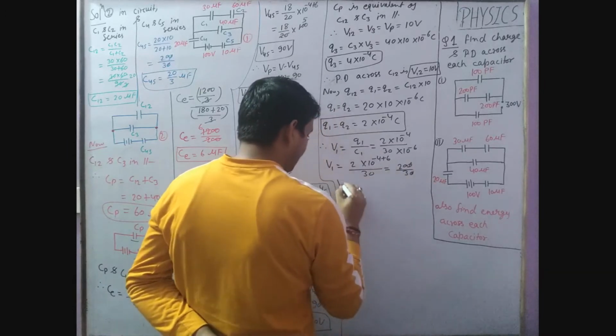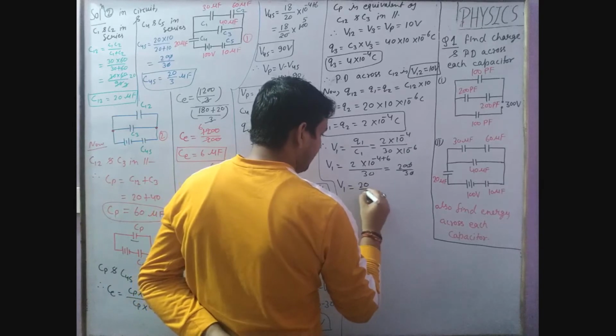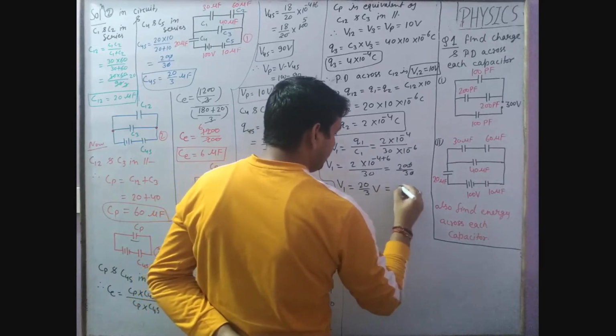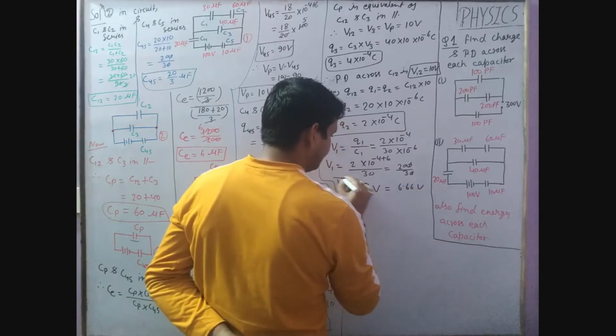That is V1 is equal to 20 by 3 volt or 6.66 volt.